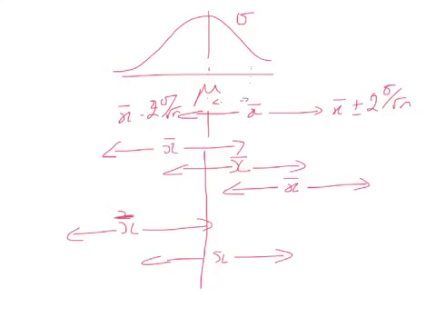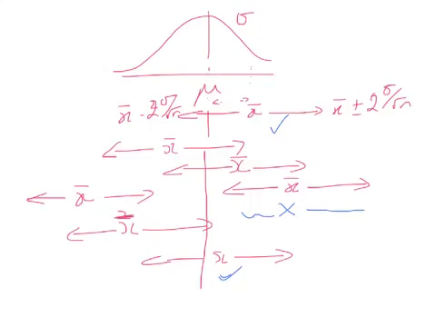So for example, this interval here does not have the mean in it, right? However, this one does. This one does. I could create another one that's out here, x bar. And as you can see, this would definitely be an outlier.